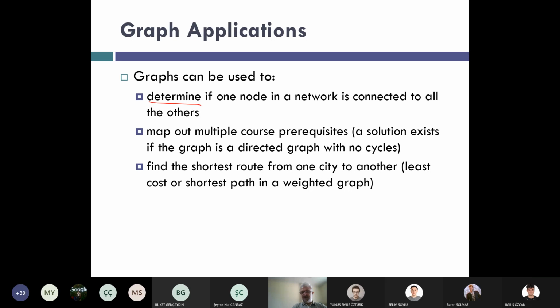Shortest can mean several different things. For example, if the vertices are the junctions of the roads and the edge between two junctions is a direct road between these two junctions, and if we put some weight for the length of this road, then we can find the shortest length route from some junction to another junction, or some place in an edge to another place in an edge, right?